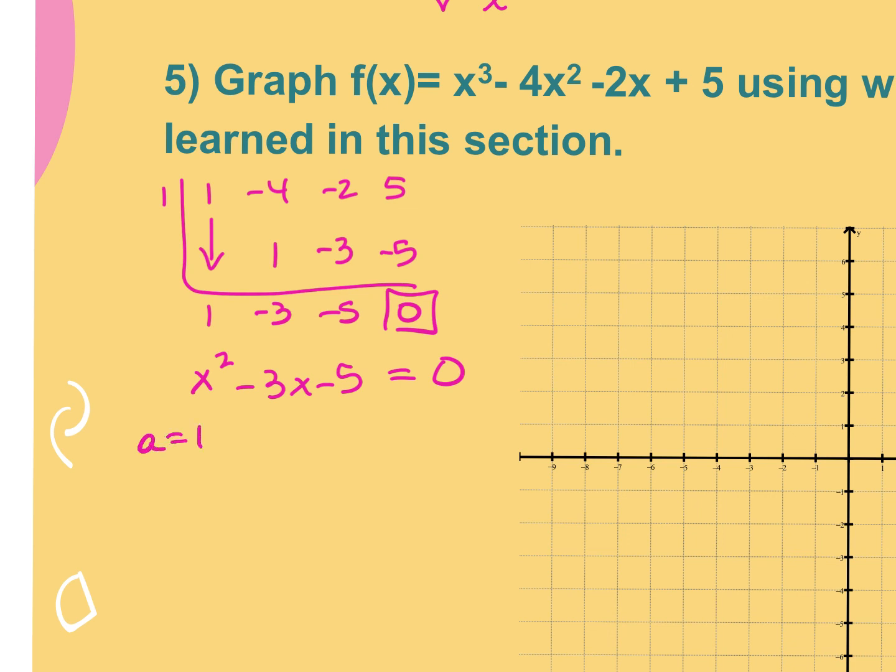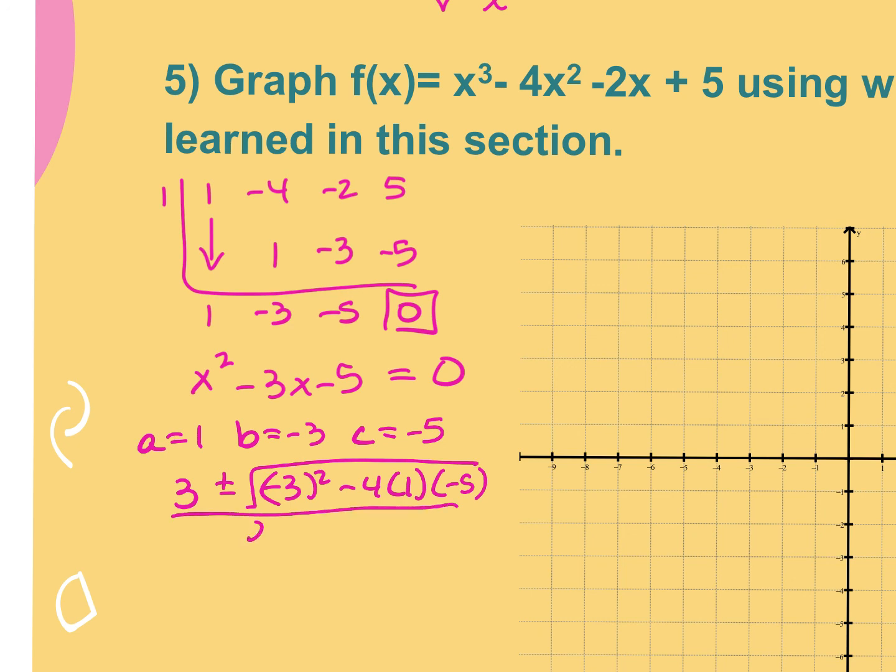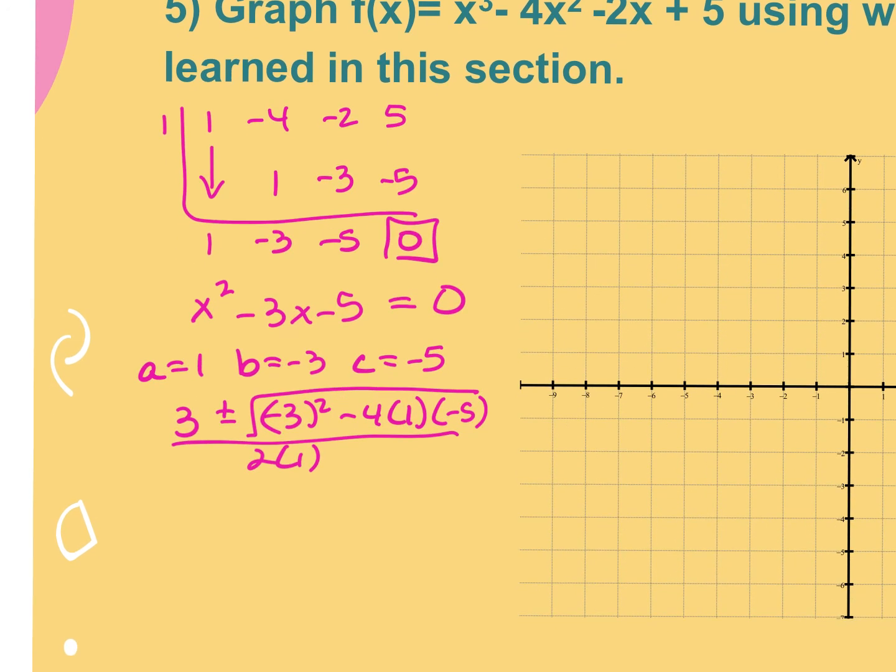My a is 1, my b is negative 3, my c is negative 5. So opposite of b is 3 plus or minus the square root of negative 3 squared minus 4ac, all under the radical, divided by 2 times a. And this is x equals.